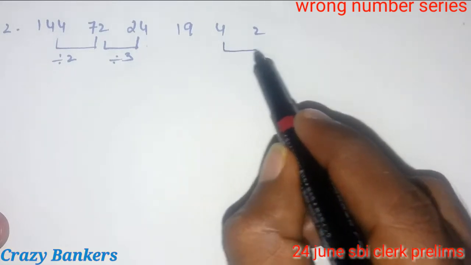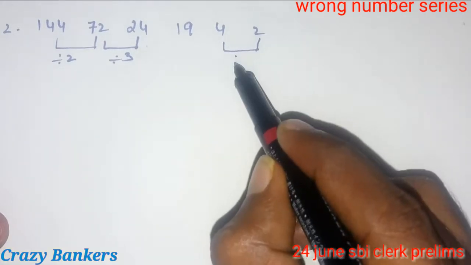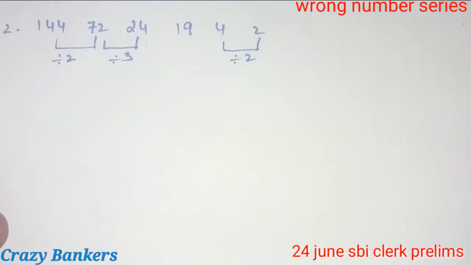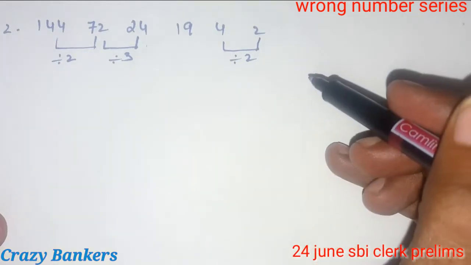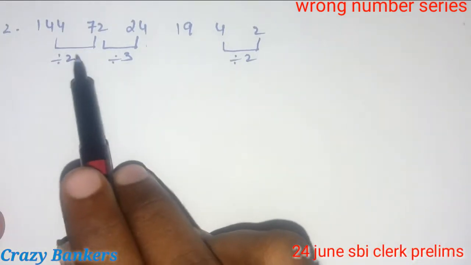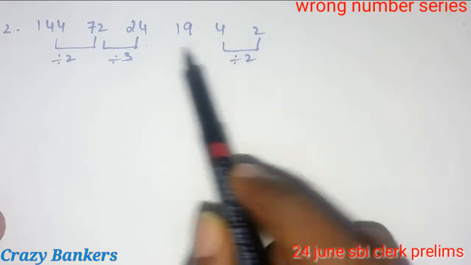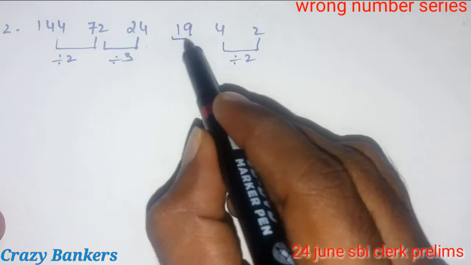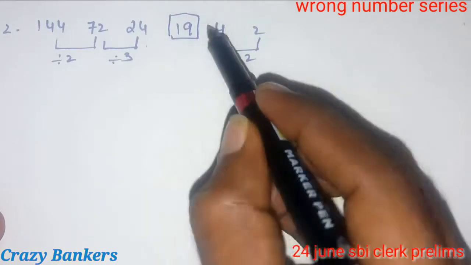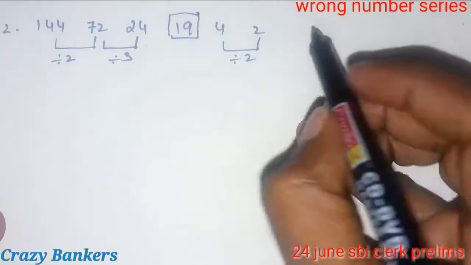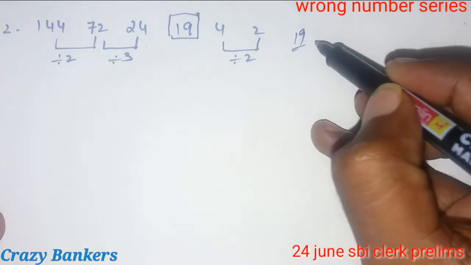So the next is 4 and 2, it is divisible by 2. Now we see that there is a divisible series: 2, 3 and something. So this 19 is not divisible by any number. This is the wrong number in this series.